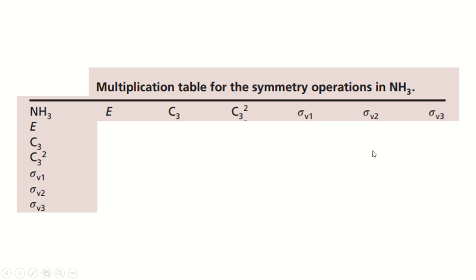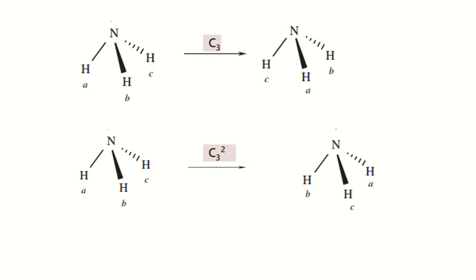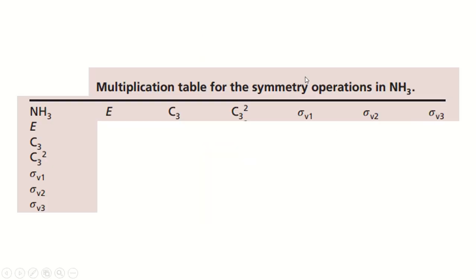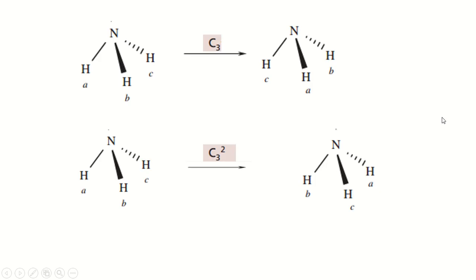So what happens if C3 is commuted with sigma V3? First we need to apply the C3 rotation, and we will get a molecule like this, and then we need to apply sigma V3. Sigma V3 passes through hydrogen C and nitrogen.